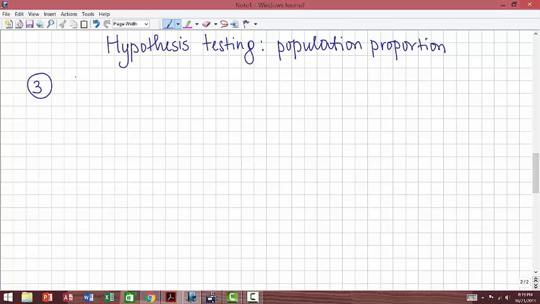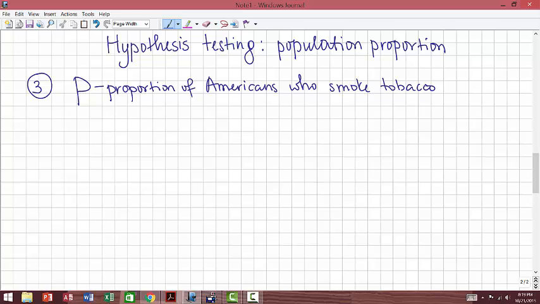In this case, my p is the proportion of Americans who smoke tobacco. You don't have to write this all out, but I think it's a good idea to understand what your problem is actually talking about. So what is my null hypothesis? Let's go back to the problem.